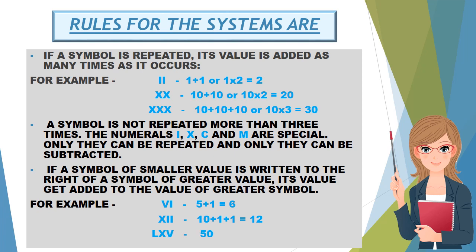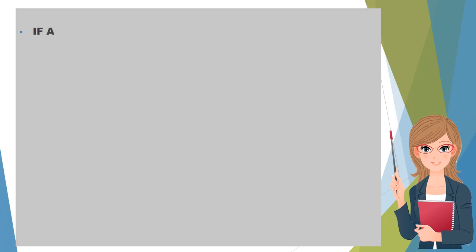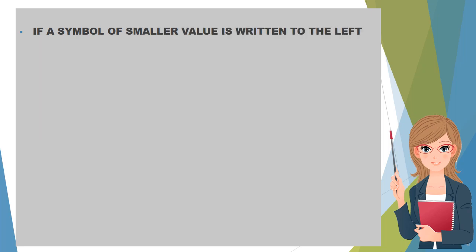LXV, the value of X and V is smaller than the value of L. It is written on the right hand side of L. And the value of V is smaller than the value of X. It is also written on the right hand side of X. So we add it together to get the value of symbol LXV, that is equal to 50 plus 10 plus 5, that is 65.